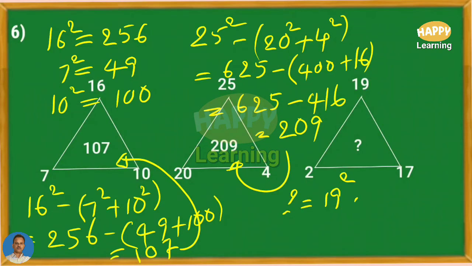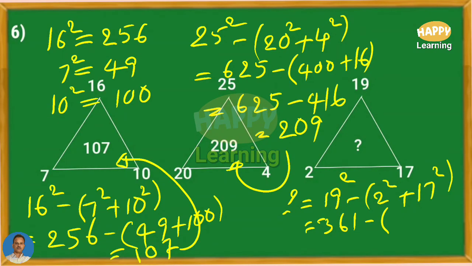19 square minus 2 square plus 17 square. 19 square value is 361, minus 2 square is 4, and 17 square is 289.